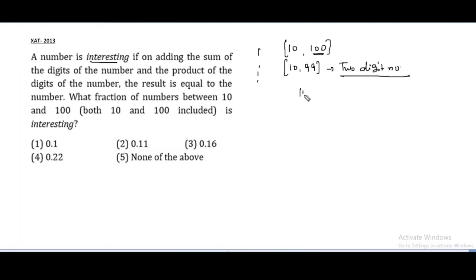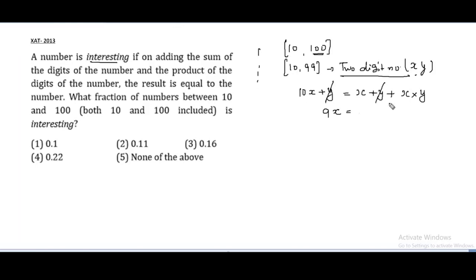A 2-digit number xy we write as 10x plus y. The condition says that adding the sum of the digits, x plus y, and the product of the digits, x times y, gives exactly the number itself, that is 10x plus y.